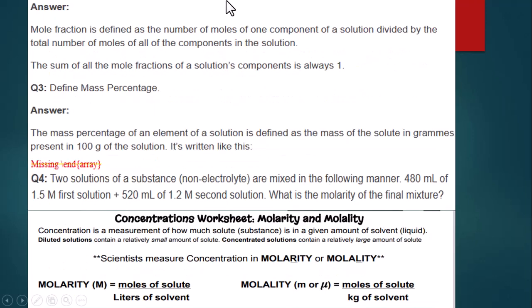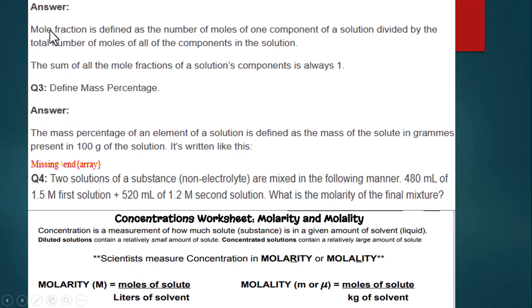All right, be that as it may, let's continue. Mole fraction is defined as the number of moles of one component of a solution divided by the total number of moles of all the components in the solution. Now let us try to read that very slowly.